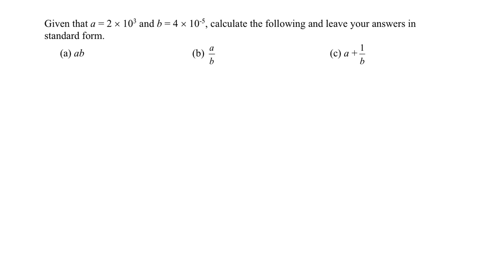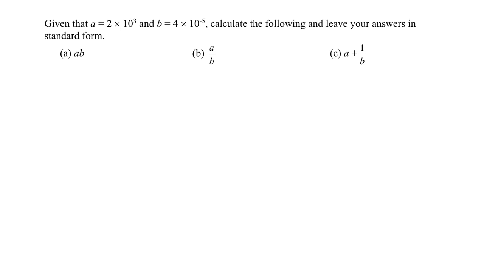Hello everyone, welcome to this video where we are required to express the answers in standard form after we calculate them. Alright, and we are given A and B as standard form. So for part A, let's zoom in.